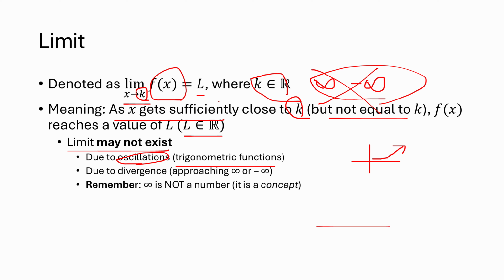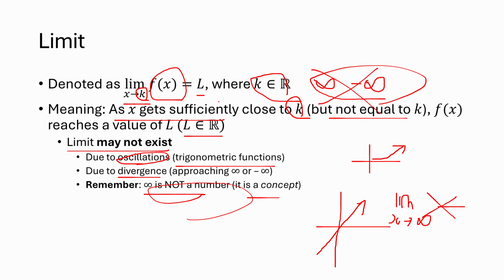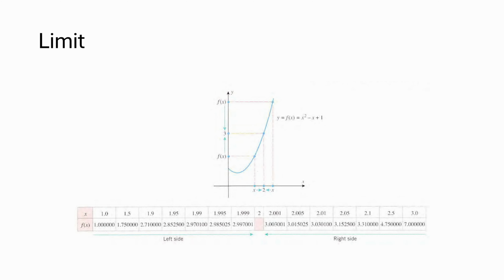For example, what I mean by divergence is, if you had the function y equals x, and I find the limit as x goes to infinity of y equals x, then it does not exist due to divergence. And also remember that infinity is not a number, it is just a concept. It's not a limit.